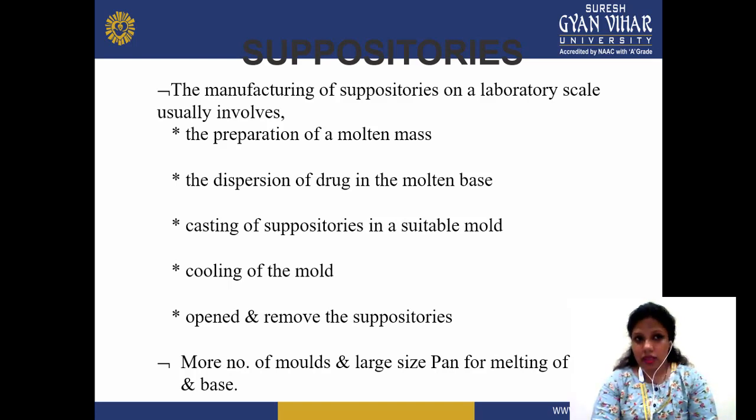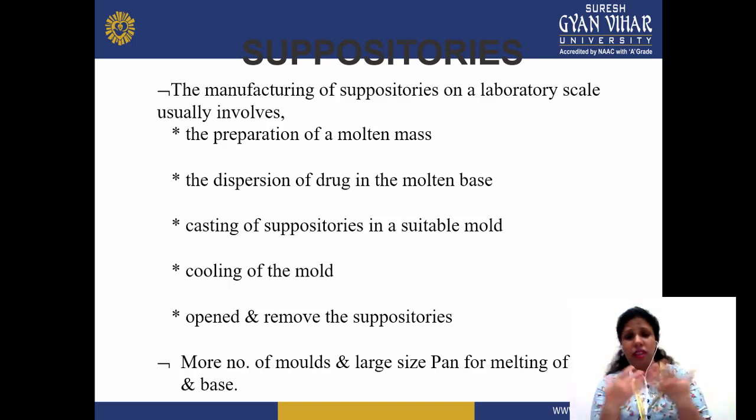Then after making this dispersion, we have to cast the suppository into the molds, any shape, any type we can take for making the suppository. Which mold shape we select depends upon the type of formulation we need.